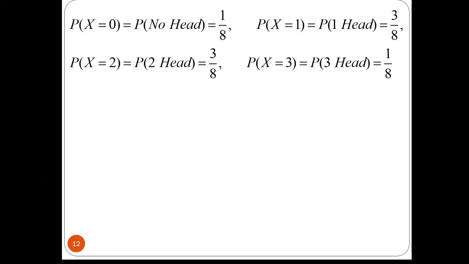Next, the probability of 1 head: there are 3 sample points which contain 1 head out of the 8, so the probability is 3 by 8. Similarly, the probability for 2 heads is 3 by 8 and the probability for 3 heads is 1 by 8.